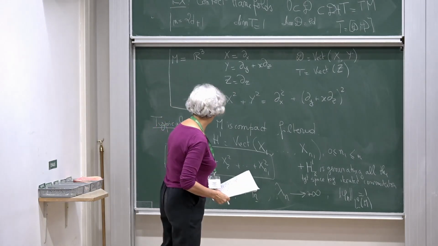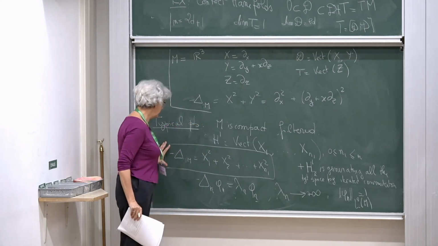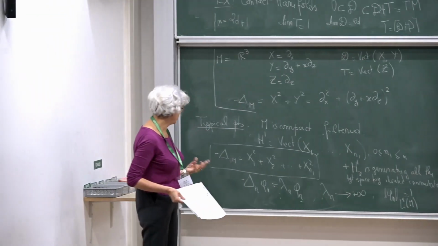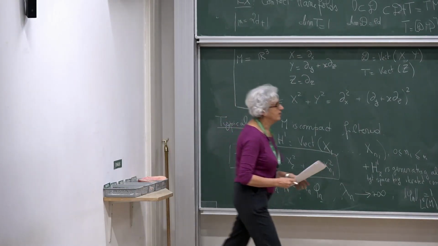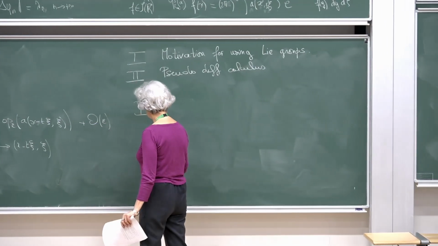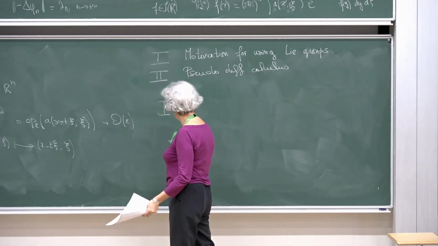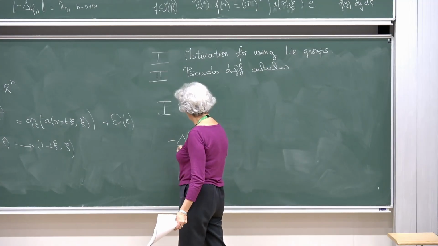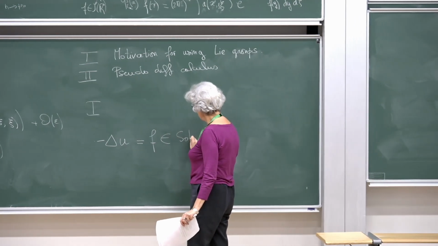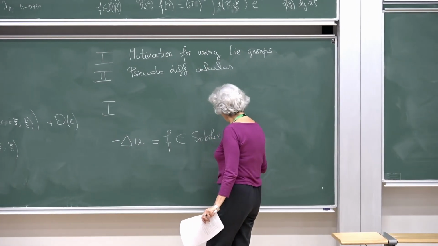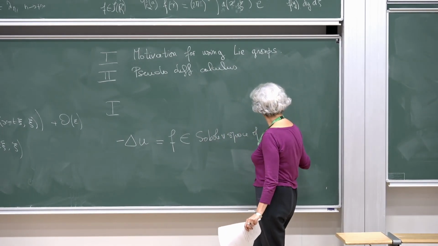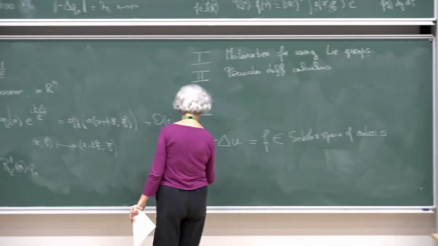The point is that you need to know how this operator improves the regularity, and this is another result of Hörmander. If I take this operator and look at this equation, with this thing in a Sobolev space of order S, then how is U?